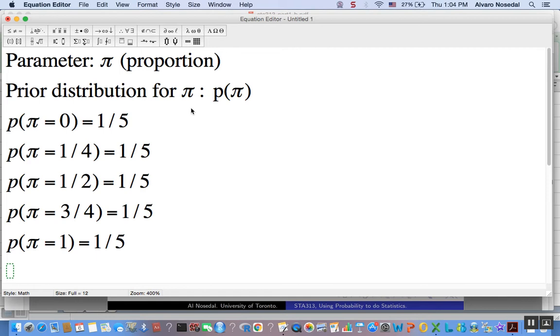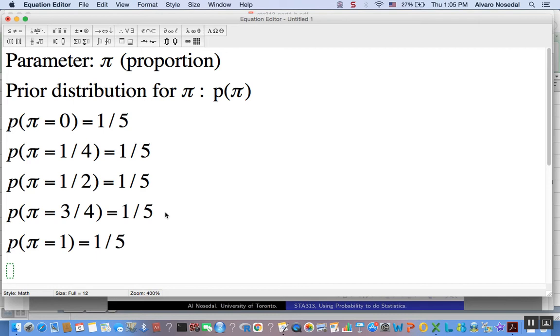Make sense? Okay, so a first step in that direction, if we wanted to consider any value in the interval 0-1, would be an extension of what we have here. So we are assuming that any of these 5 values is equally probable.